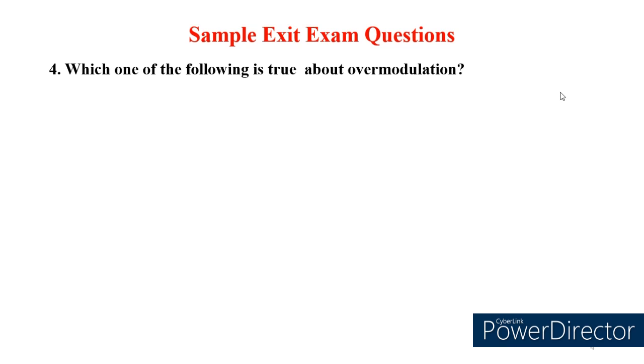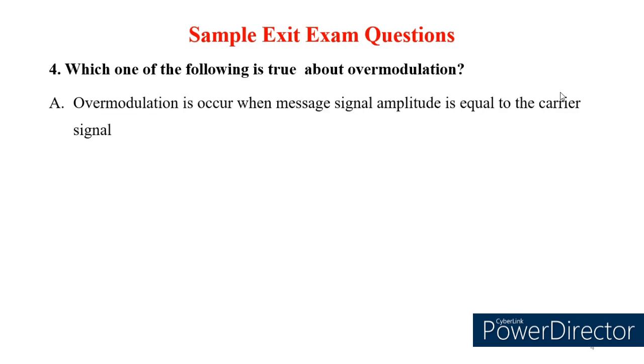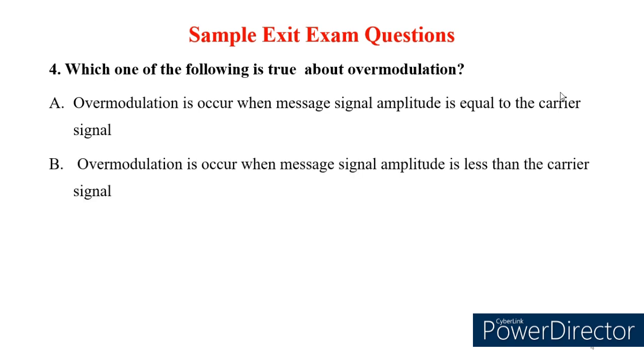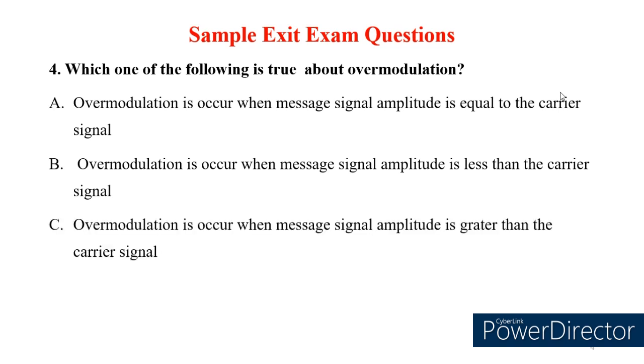Question number 4. Which one of the following is true about overmodulation? A. Overmodulation occurs when the message signal amplitude is equal to the carrier signal. B. Overmodulation occurs when the message signal amplitude is less than the carrier signal. C. Overmodulation occurs when the message signal amplitude is greater than the carrier signal. D. None.